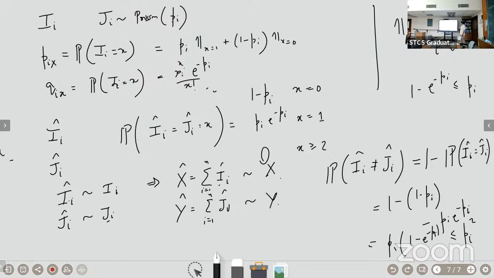Now what do I do? Give me the punchline. A union: x hat is not equal to y hat when one of the components is not equal. So what did I really care about? I've done this component-wise. What I really care about is the probability that x hat is not equal to y hat. How much larger can that really be?